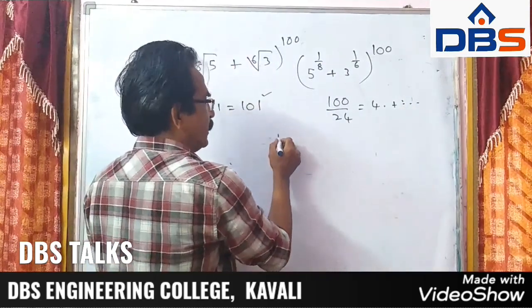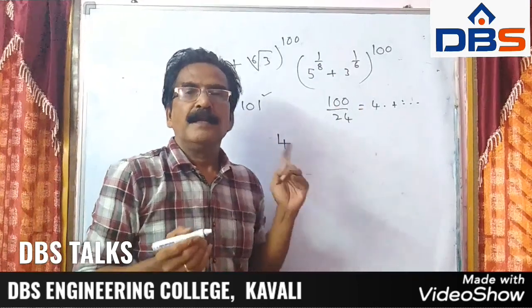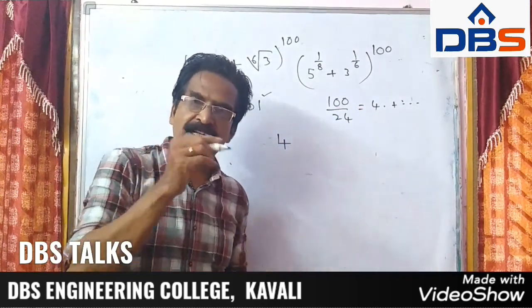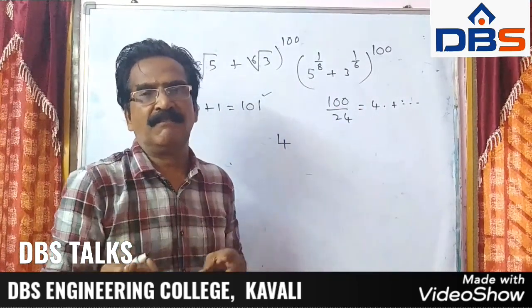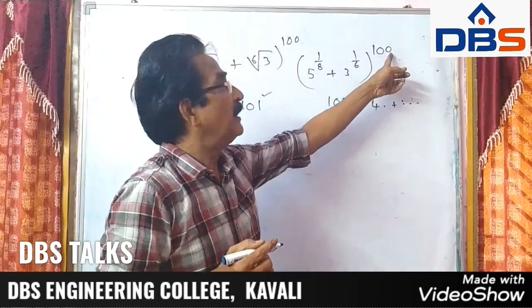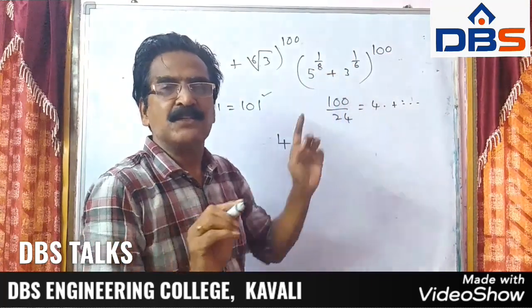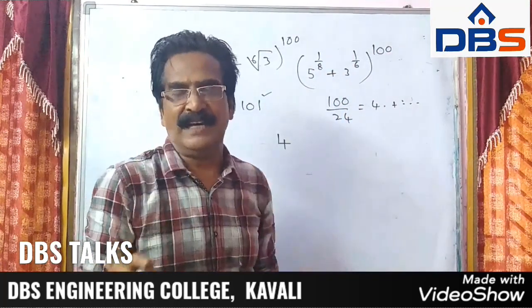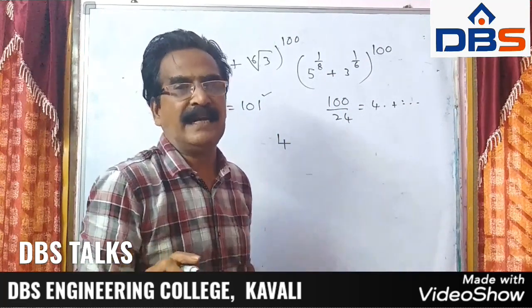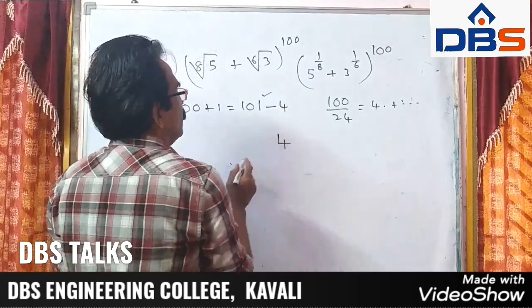You can leave that something. So 4. Now the second task is whether 1 is to be added or not. 100 minus 0. 100 is not divisible by 8. So you need not add 1. So the total number of integral terms is 4.